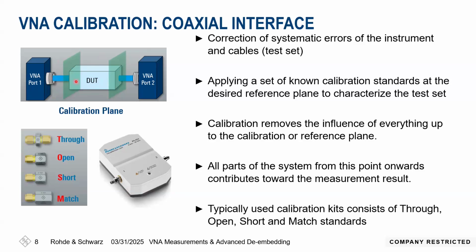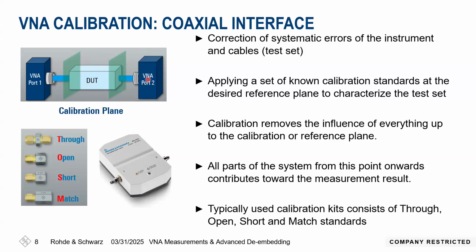So the components inside the vector network analyzer and the test setup, which could be the cables or any additional connectors or adapters that are required to connect the devices, are utilized. We need to see the response of our device under test. So that's why the calibration to reduce the effect of all this test setup is necessary.